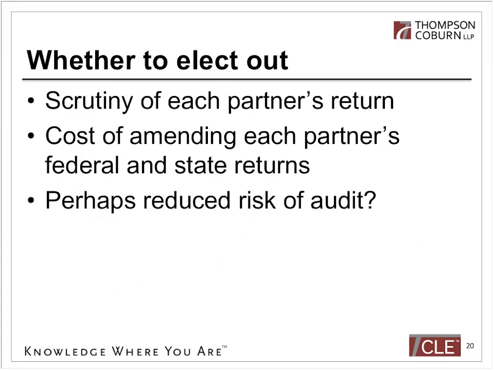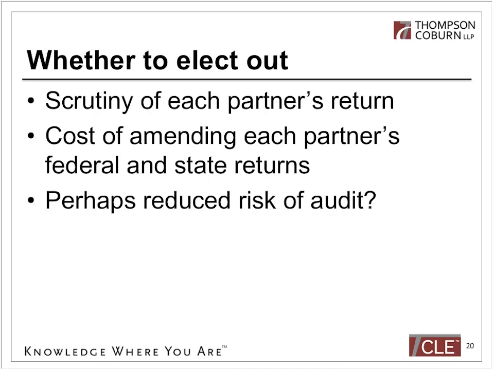So we saw a situation where the client had like a $25,000 adjustment on his partnership return, and the IRS went to implement that on his return, and the IRS noticed that he had a huge S corporation loss, and it turned out that the S corporation actually had never made its S election, and so he was not able to take that S corporation loss, and the IRS disallowed that loss, like an $800,000 loss.